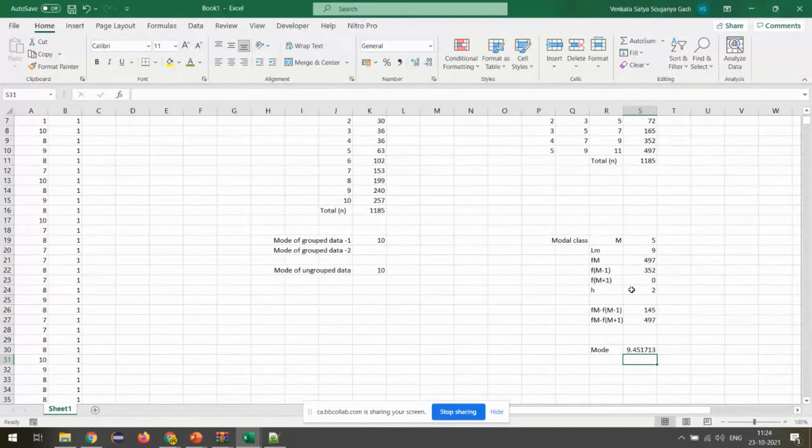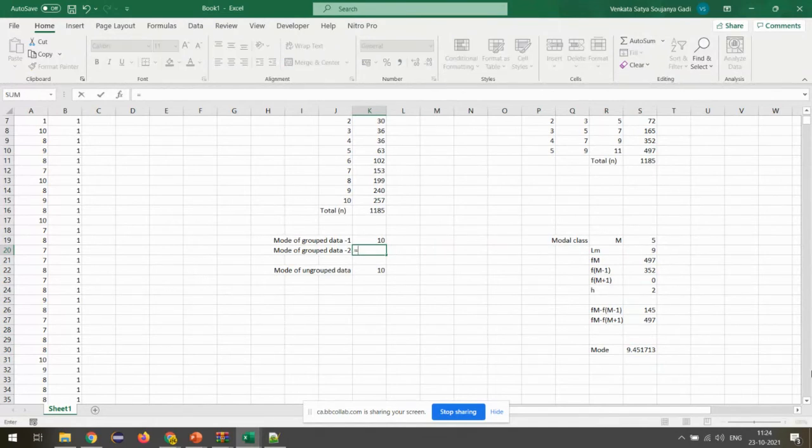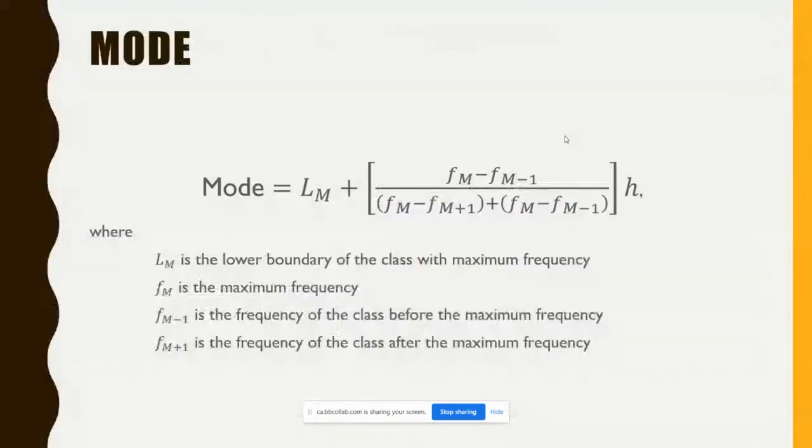So the mode of the grouped data that we are calculating is around 9.4. We know the exact answer is 10. But since we grouped the data, we are losing some information and we are getting 9.4 as the answer, right?